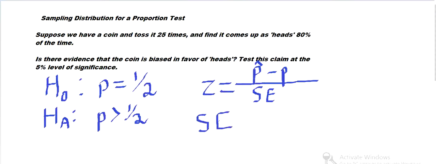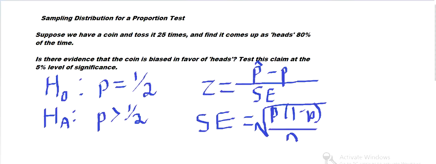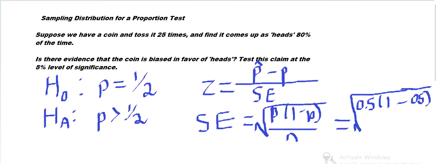The standard error is given by the square root of the proportion times 1 minus the proportion, over n. So in this case, that's the square root of p is 1/2, so 0.5 times 1 minus 0.5, over 25. Let's pop that in the calculator.